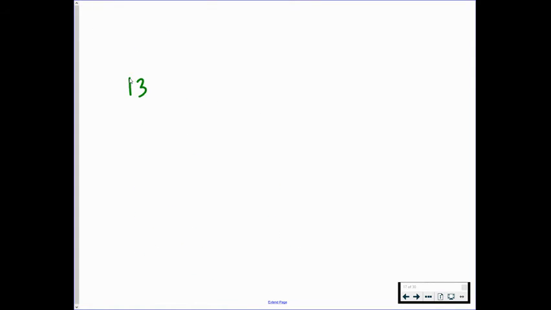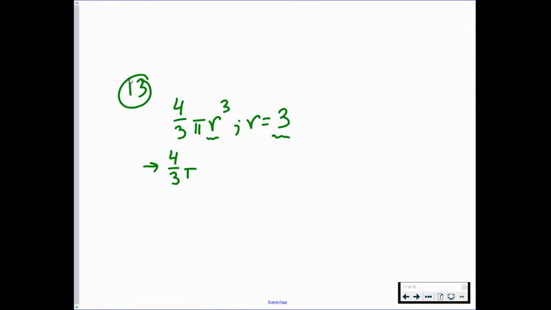On question 13, we have another expression, 4/3 pi r cubed for r equals 3. Again, our directions state to evaluate, so we're just going to substitute this 3 in place of r and simplify. 3 goes in place of r. 4/3 pi. 3 cubed is 3 times 3 times 3, which is 27.